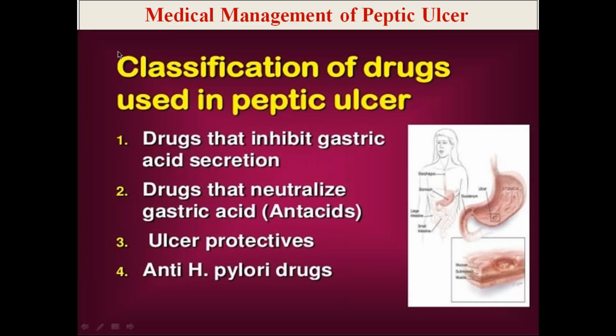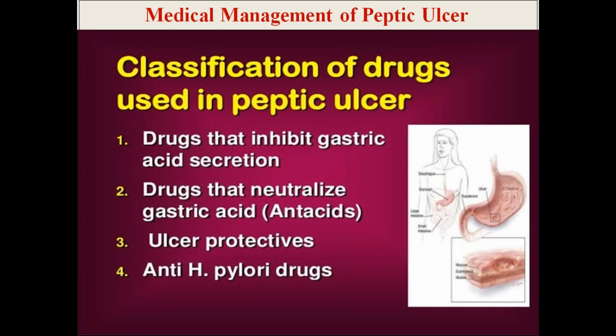So now coming on to the medical management of peptic ulcer, again, this is important because this can come as a long question in the form of a problem, in which you would be required to make a diagnosis, and then pathophysiology can be asked about it, and it can also be that you are asked to give the physiological basis of treatment in this patient. The physiological basis of treatment in peptic ulcer would depend upon the regulation of your HCl secretion.